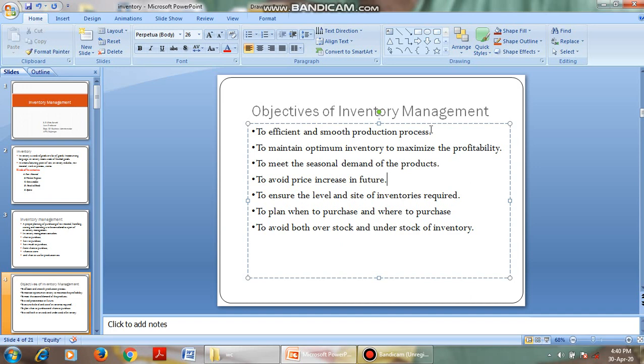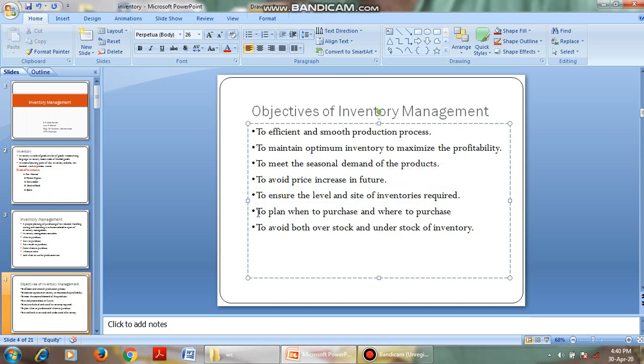So we have to plan and purchase the inventory to avoid future increases of prices. Next one is to ensure the level and size of inventory required, that is, how much we require and what size of inventories we require. We have to make sure of that.